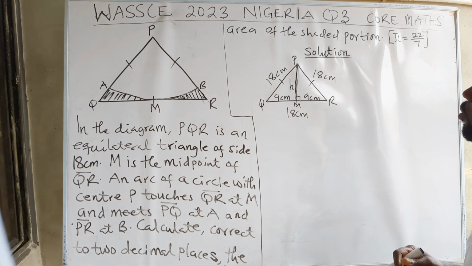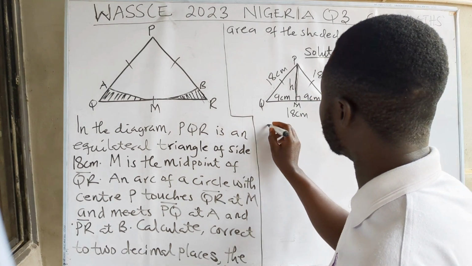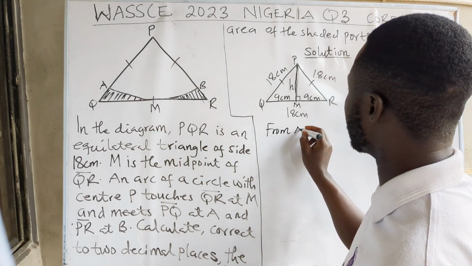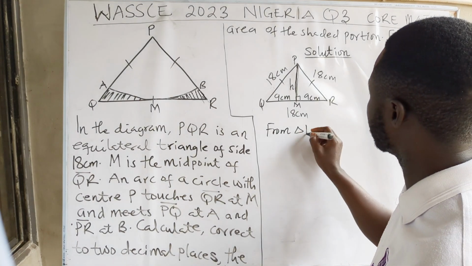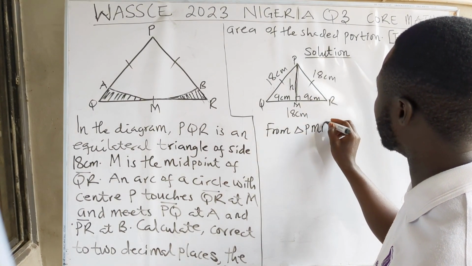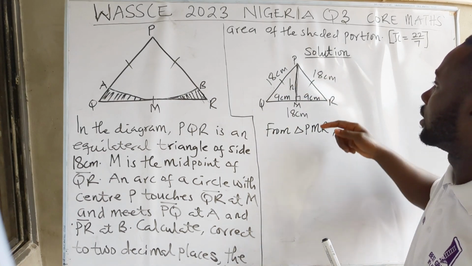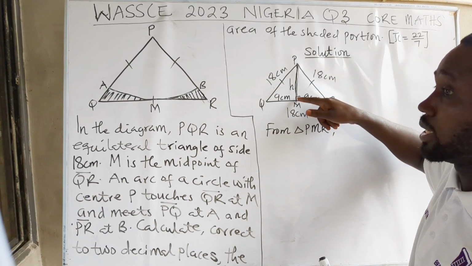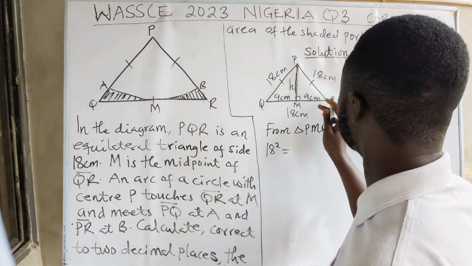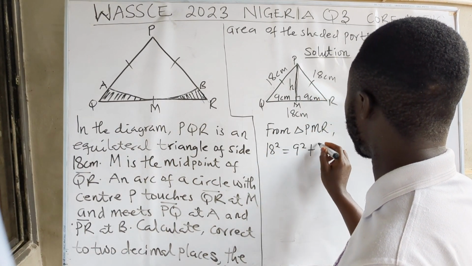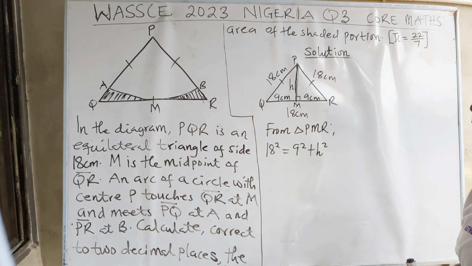Alright. So now let's calculate the height. It's a right angle triangle, so I can use any of the right angle triangles. So let's say from triangle PMR. If I take this right angle triangle here, this side becomes the hypotenuse because the 90 is here. So I can say that 18 squared is equal to 9 squared plus h squared, so that I can find the value of h.